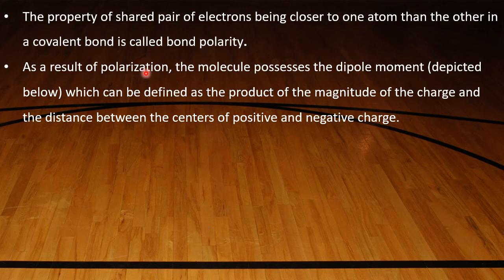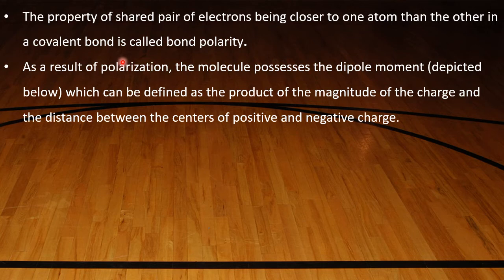We expect some party, but some other party comes, and after the result we analyze: this is because of polarization of the votes due to that person, irrespective of the party. That is the meaning of polarization. Here, what is polarizing? The electronic cloud is polarizing. That is the meaning of polarization in chemistry, especially in bond polarity.